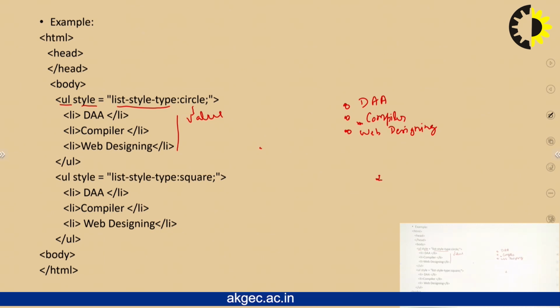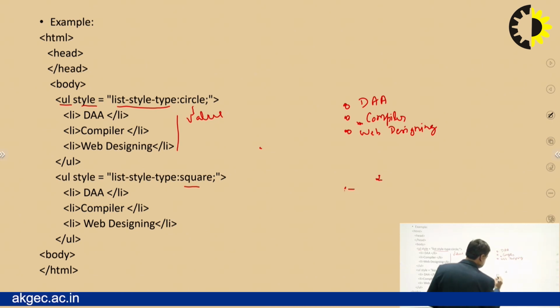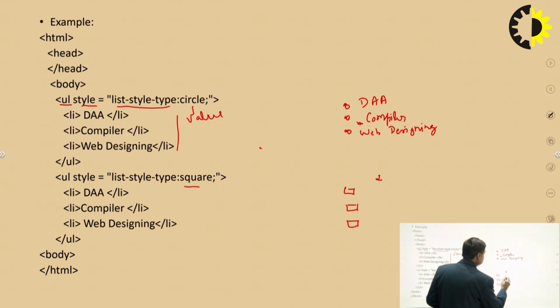And if you give the value square, the same list will be displayed in a square way, with square as the marker.